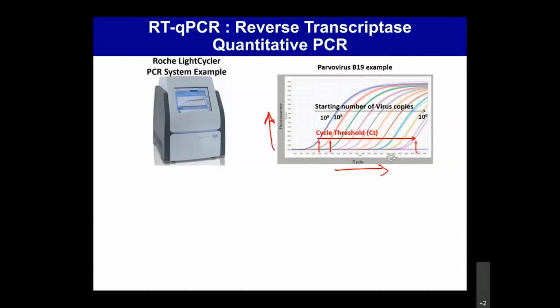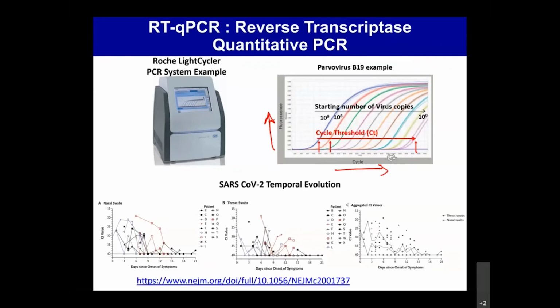So you typically come across this term called CT, which is threshold cycle, right? And this is what you see. You get that only if you had that virus to begin with, you get the fluorescence, and you have detected the disease, right?